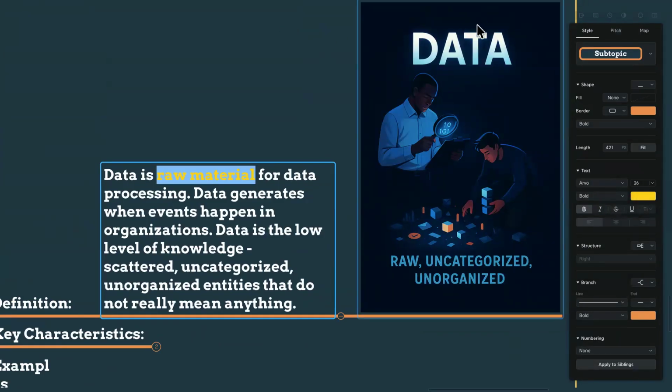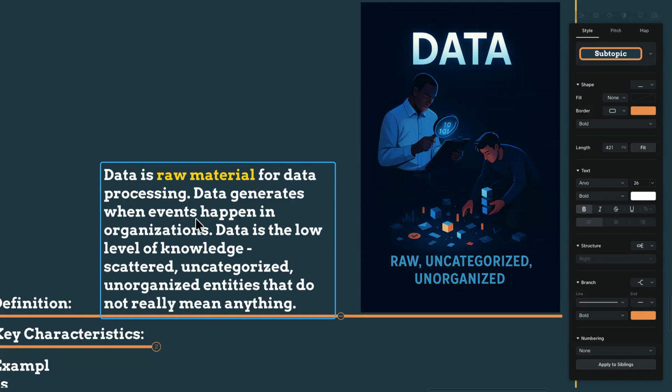In a production environment, we call raw material an input, right? It can be, for example, for manufacturing furniture, the wood and whatever inputs they are using, those are raw materials. So data is a raw material for data processing.